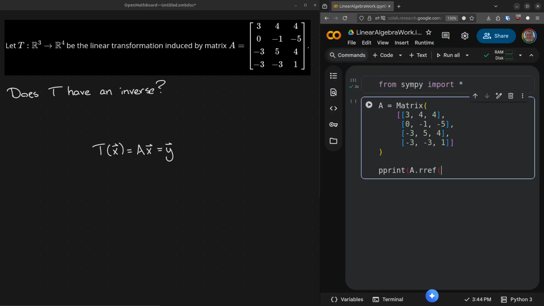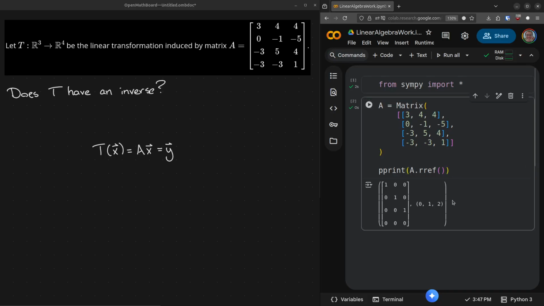And I want to find the reduced row echelon form of A. And there we go. Notice I haven't augmented it with anything. All I'm looking at right now is just the reduced row echelon form of A.